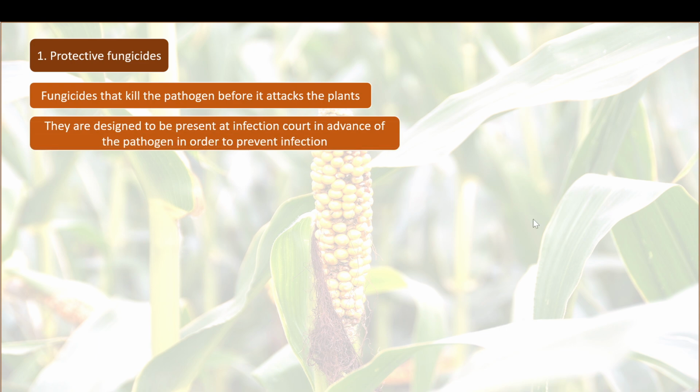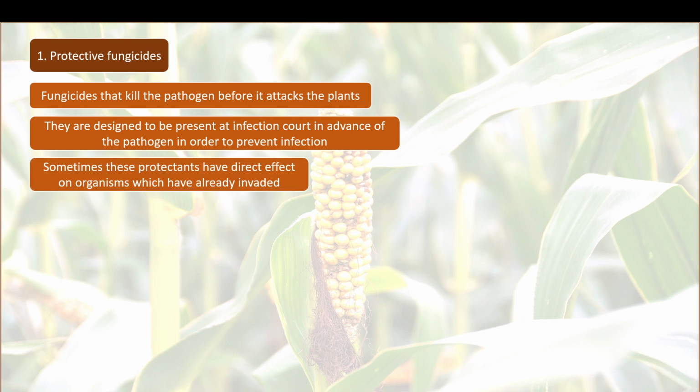They are designed to be present at the infection court in advance of the pathogen in order to prevent infection. So these pesticides are used beforehand only. As the pathogen comes, these fungicides attack the pathogen and remove it. So these are beforehand fungicides.